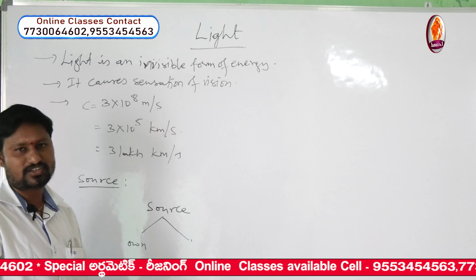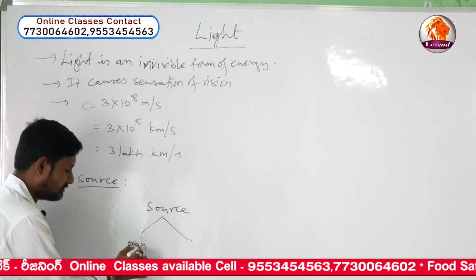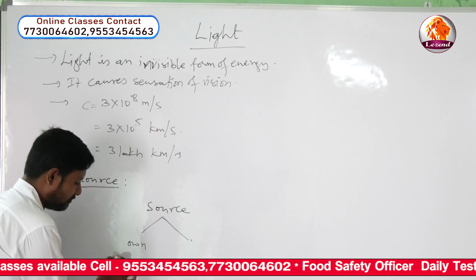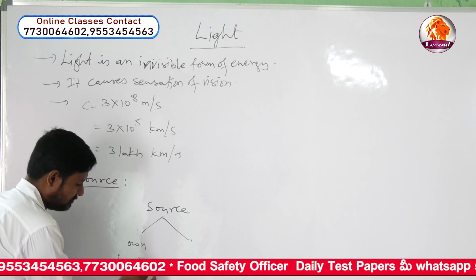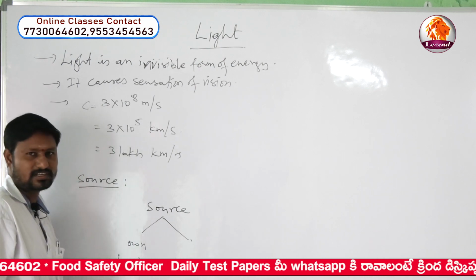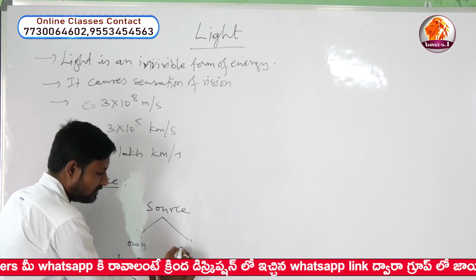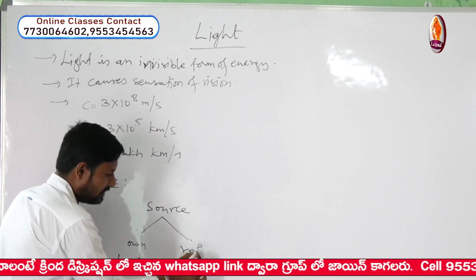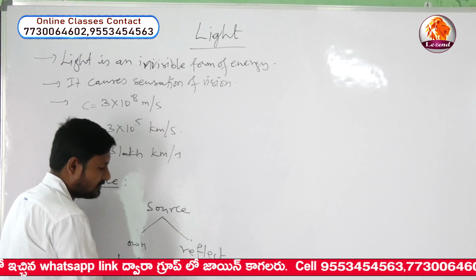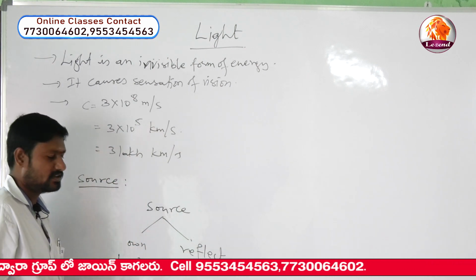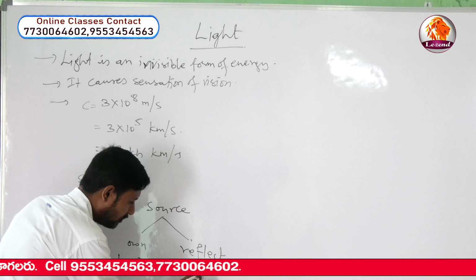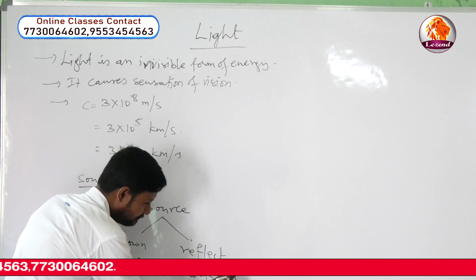Such type of objects we call luminous objects. And those which do not give light on their own and reflect the light of other bodies, we call non-luminous bodies.